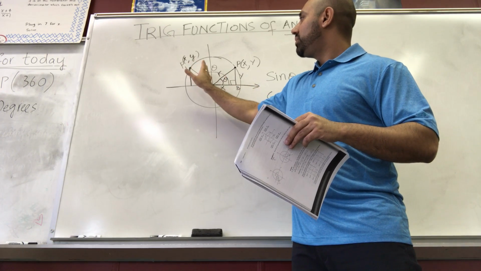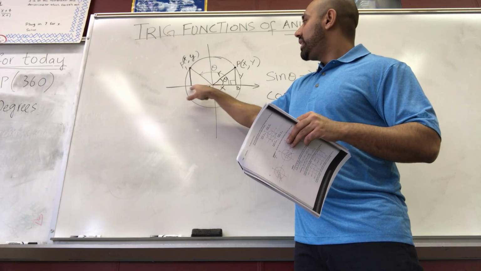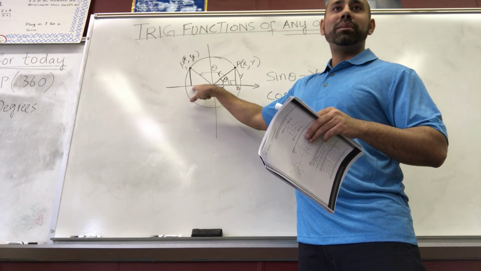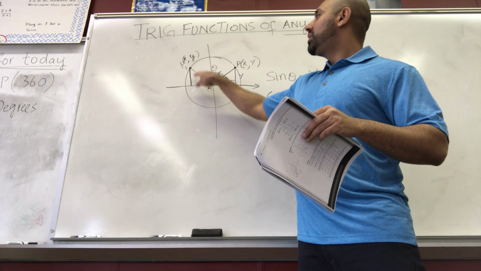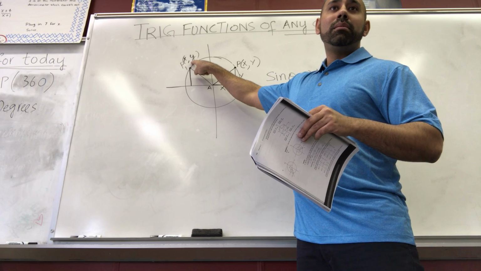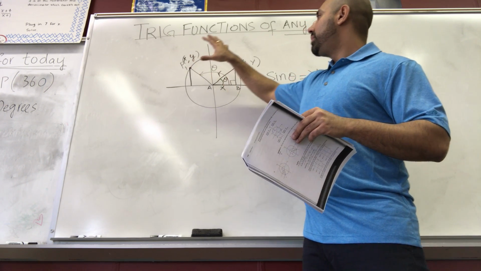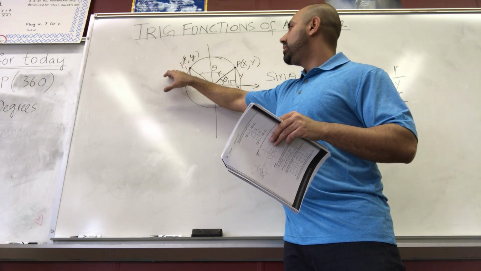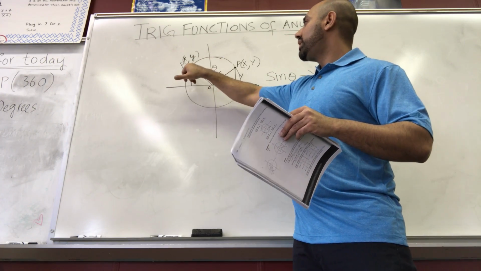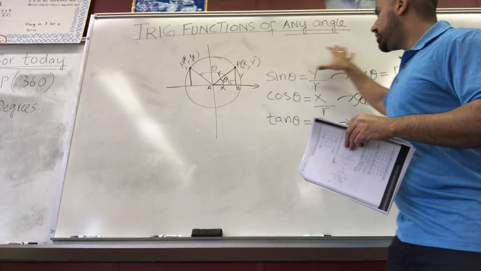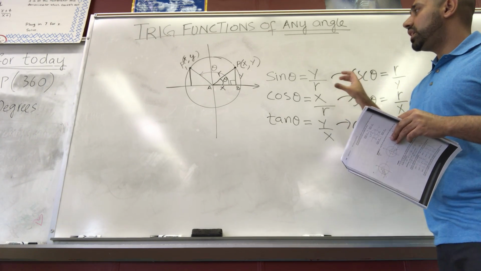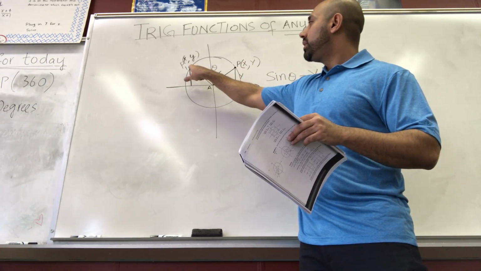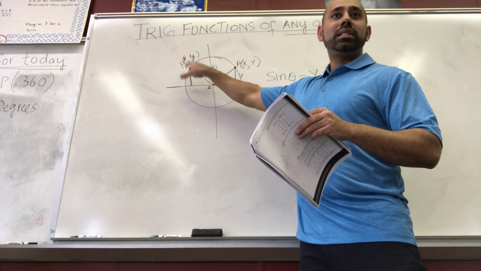In the second quadrant, which is on this side, the x coordinate, would that be positive or negative? It would be negative. And the y coordinate would still be positive. But whether the x is positive or negative, whether it's in the second or the first quadrant, the definition is still going to hold true. This is the same definition that you apply for a point or an angle in the second quadrant.